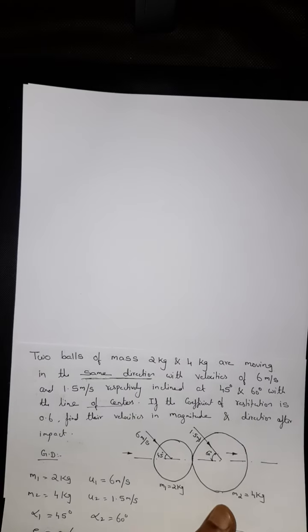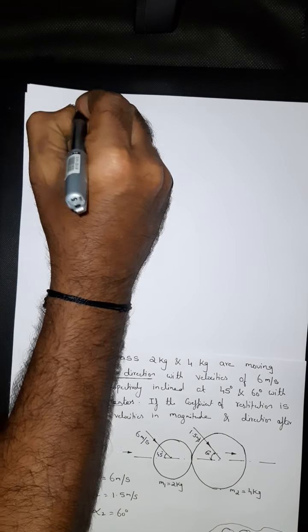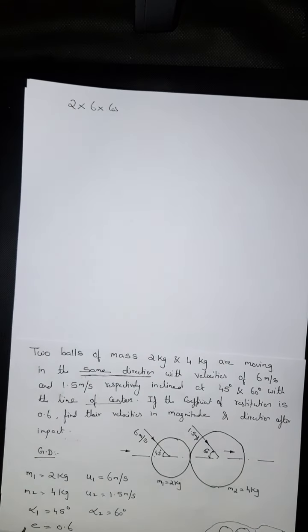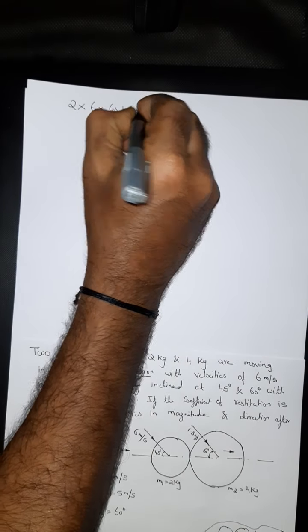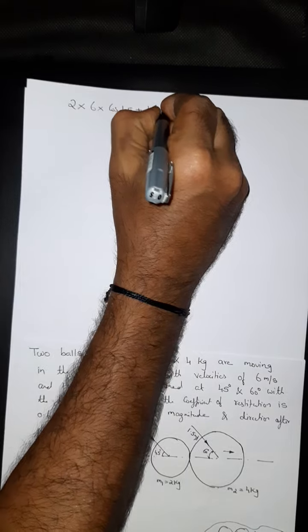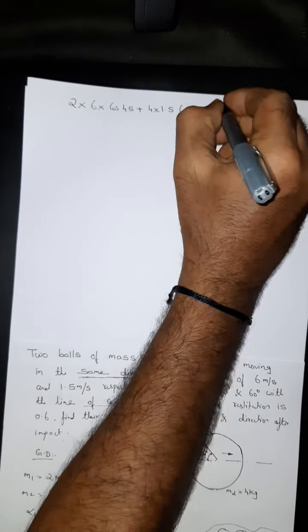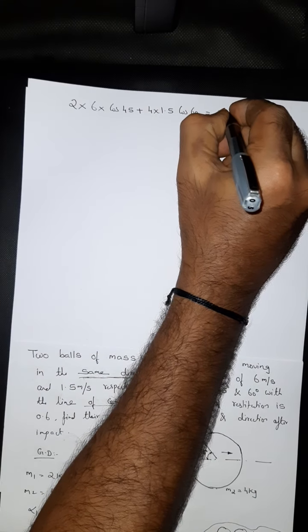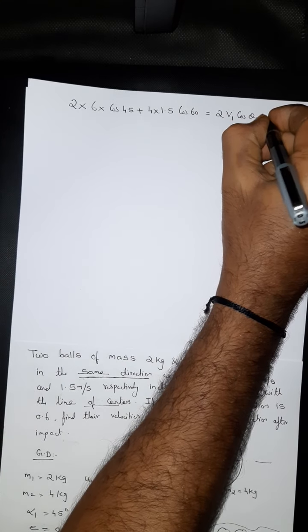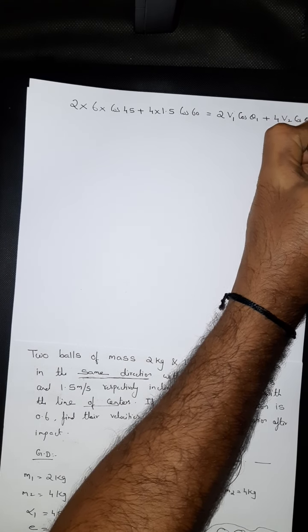Let me put the values here. M1 is 2 kg, M1 into U1, U1 is 6 into cos alpha 1, alpha 1 is 45 degree, plus M2 is 4 and U2 is 1.5 into cos alpha 2, 60, equal to M1 is 2 into V1 cos theta 1 plus M2 is 4 V2 cos theta 2.